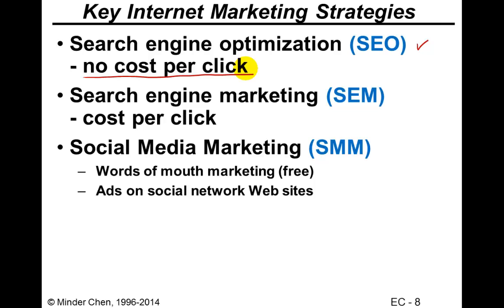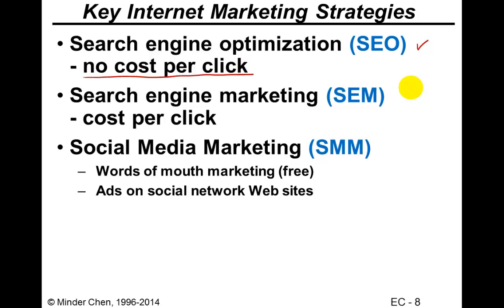However, you may need to pay a consultant or company to help you do this SEO, search engine optimization. And certainly your internal in-house IT web designer may know a little bit of it and can do it by themselves.